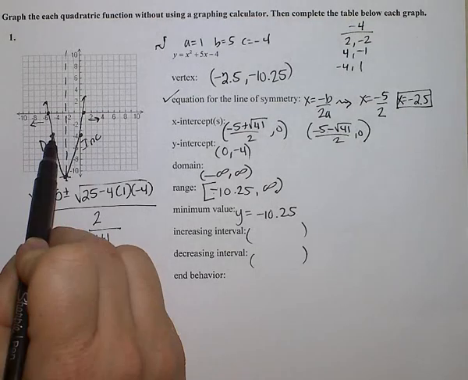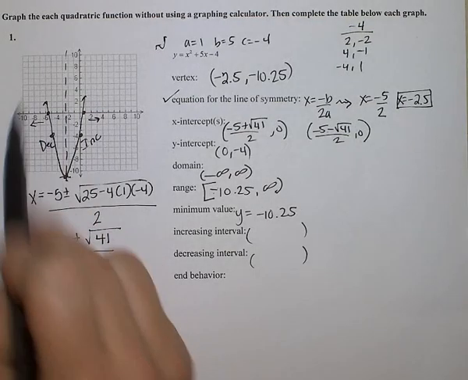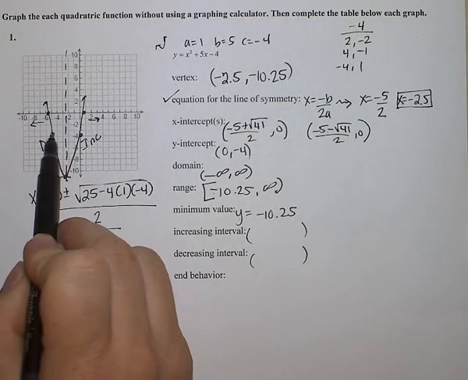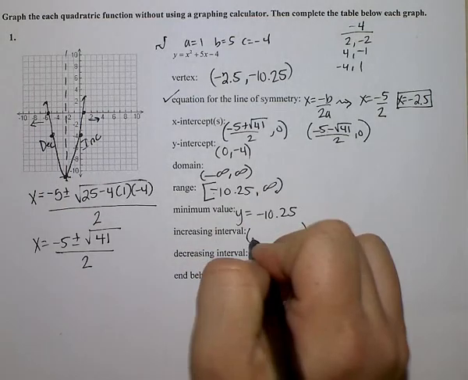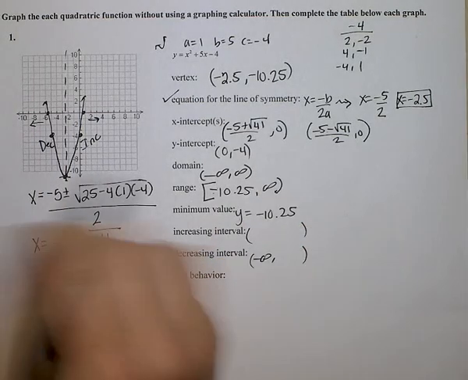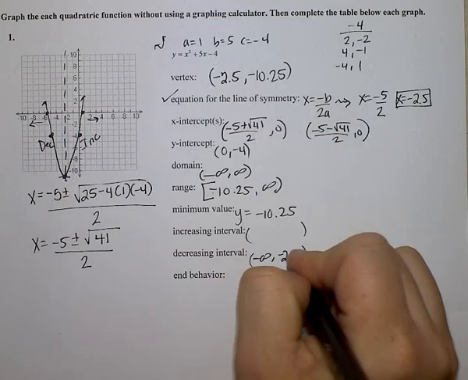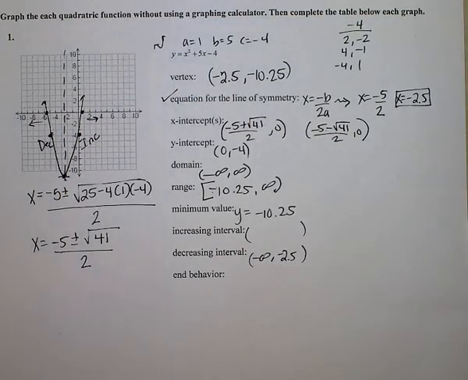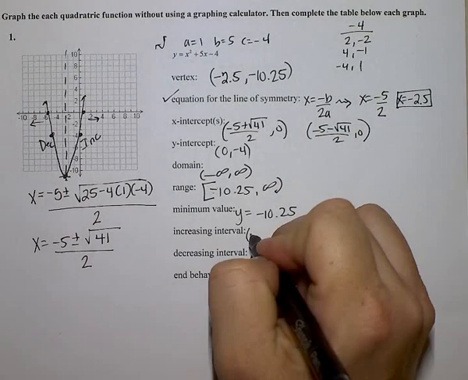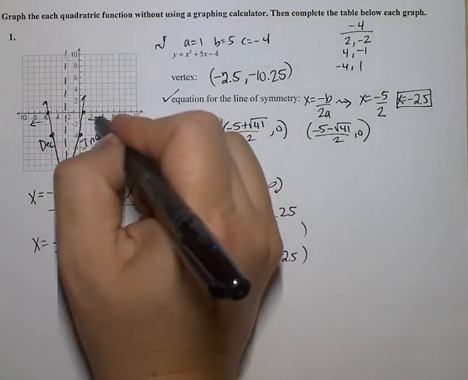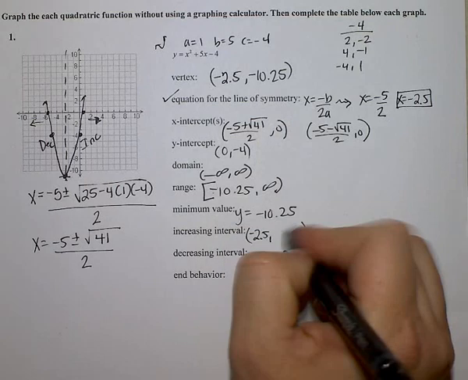Decreasing, and we only identify in terms of x values. So it comes from the far left. Decreasing is -infinity, and it continues to decrease until you hit an x value of -2.5. It increases from -2.5 and continues to increase as it goes to the right to positive infinity.